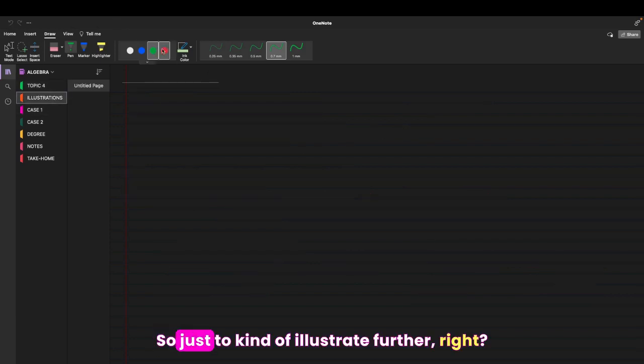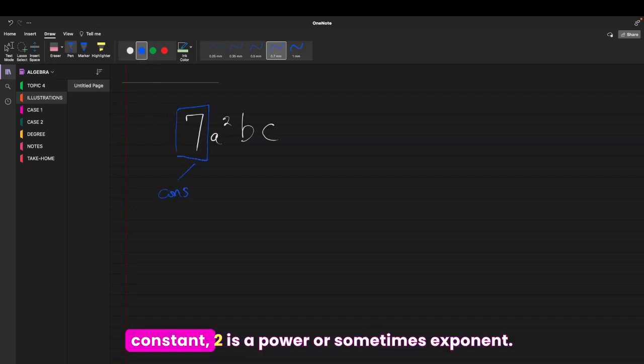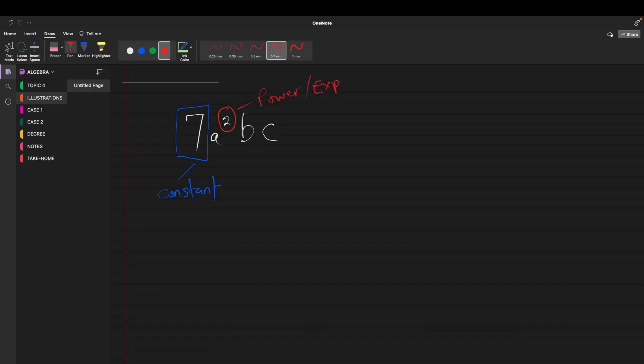So just to illustrate further, 7a squared bc. 7 is a constant. 2 is a power, or sometimes exponent.